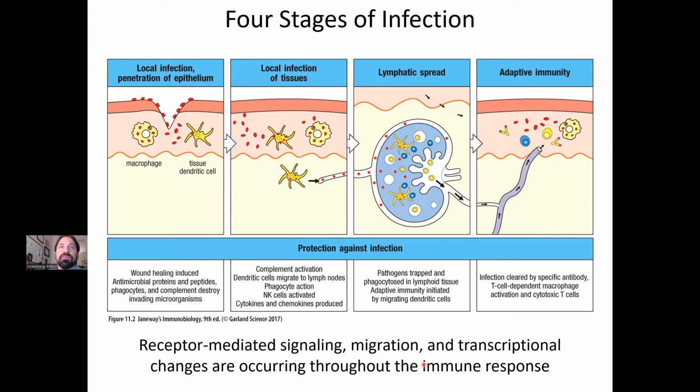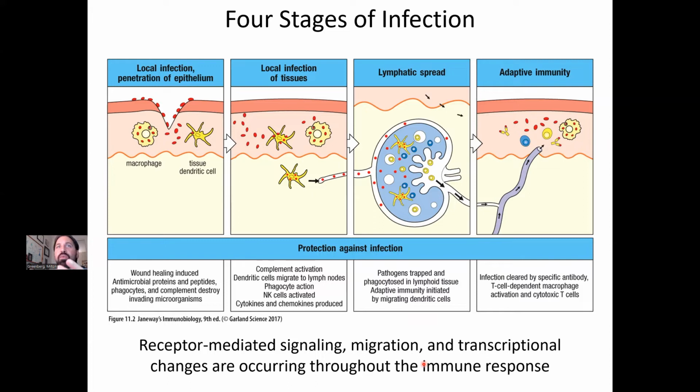What I mean by that is that these cells express receptors both on the surface, where they can sample their environment, but also in their cytoplasm, where they can sense what's happening inside their cell. And then using all this information, integrating all this knowledge from sensing it, they can make an educated decision about the fate of this inflammation.